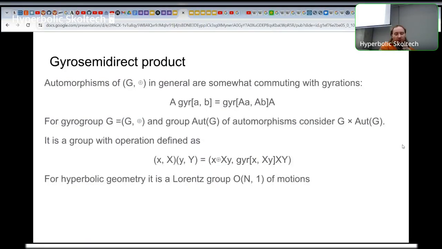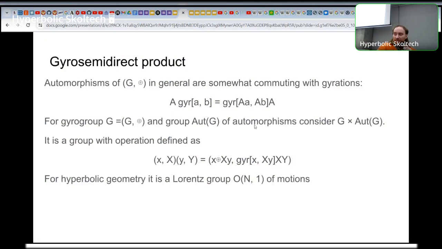Actually, there is a theorem which I forgot to add here: the gyrator of A and B applied to the sum of x and y, for arbitrary A, B, x and y, is the gyrator of AB applied to x, plus the gyrator of AB applied to y. So it is like an automorphism.